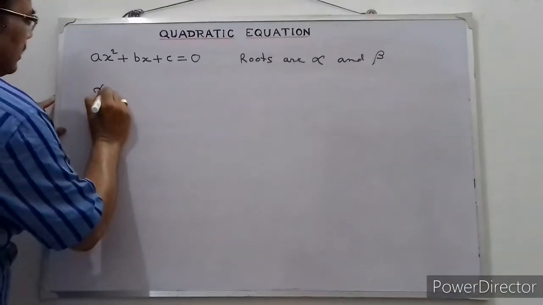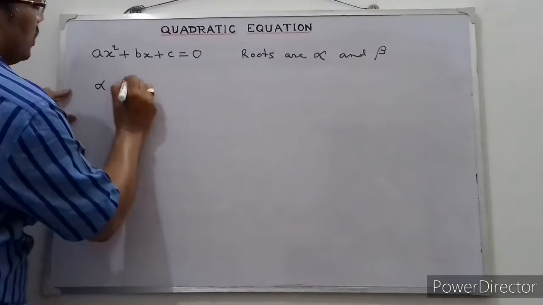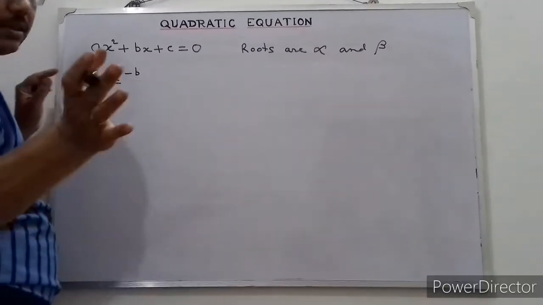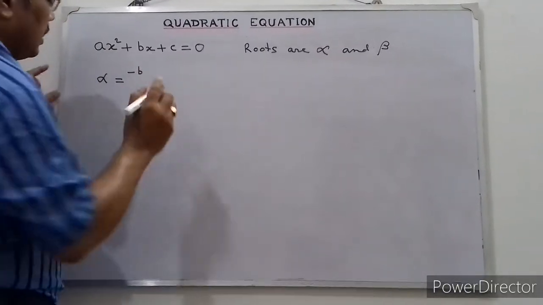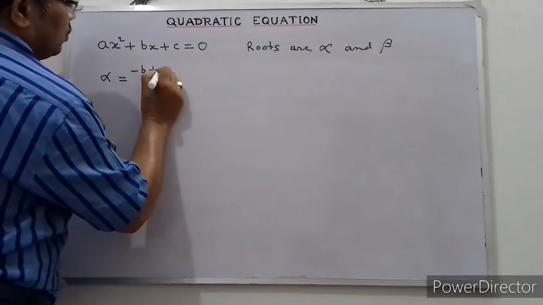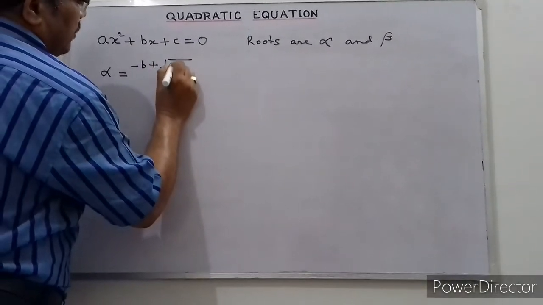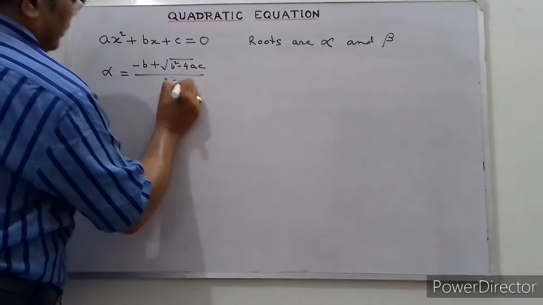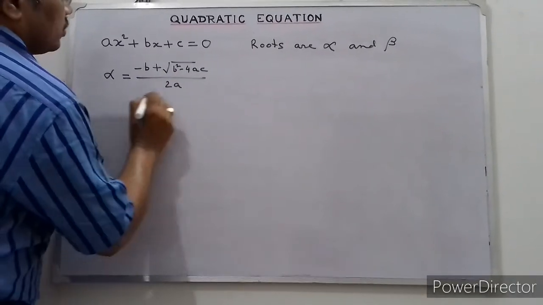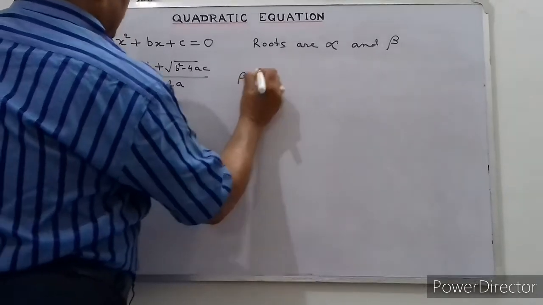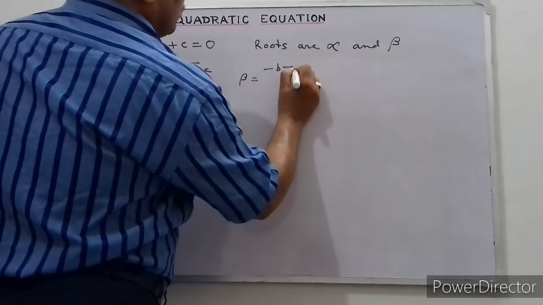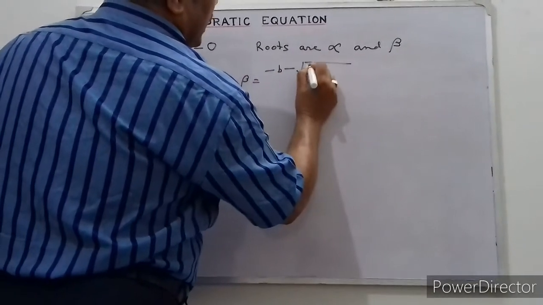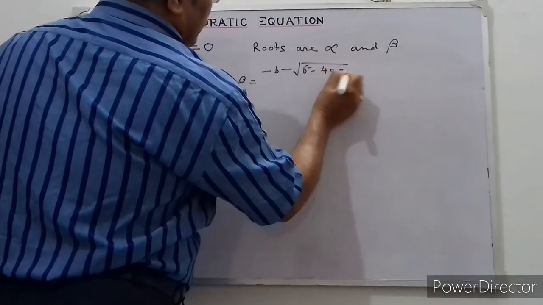Now alpha equals, as per the formula of Sridhar Acharya, minus b plus root b square minus 4ac by 2a, and beta equals minus b minus root b square minus 4ac by 2a.